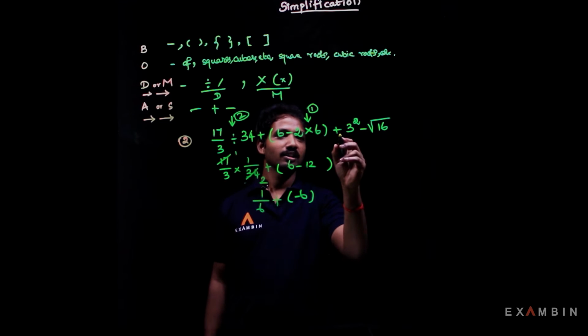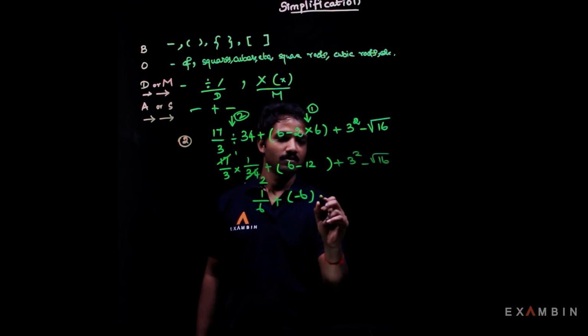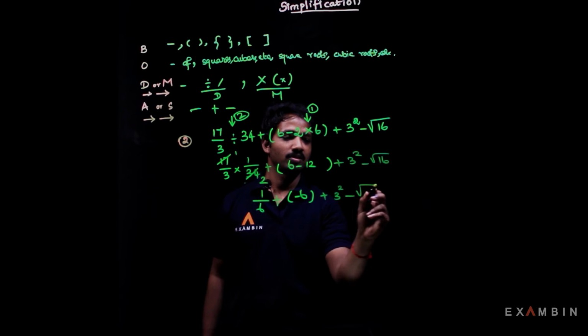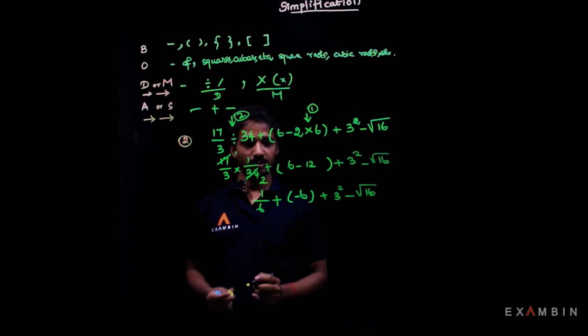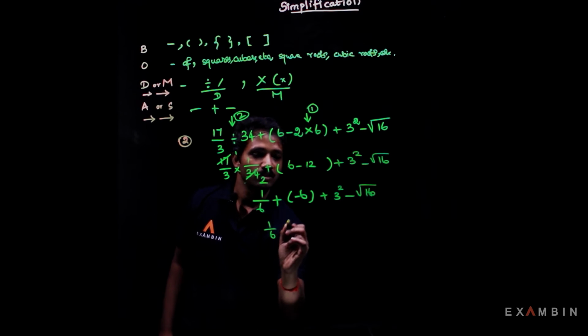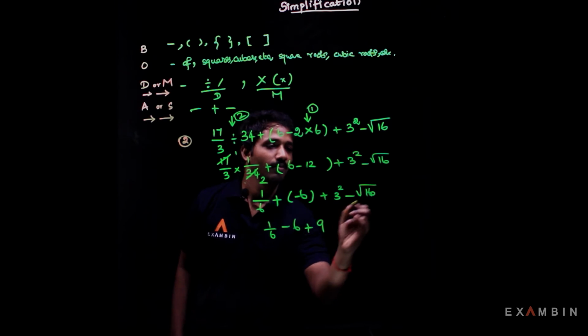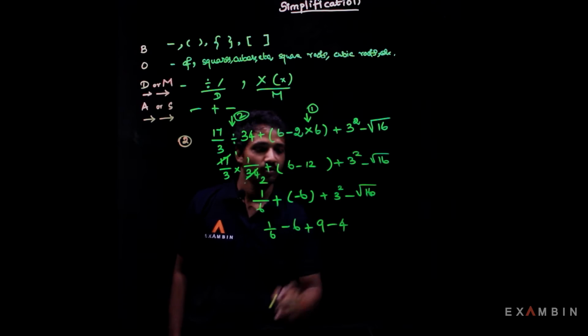Okay, and then coming to this, plus 3 squared minus root of 16. 1 by 6 minus 6. 3 square is 9. Minus root of 16 is 4.